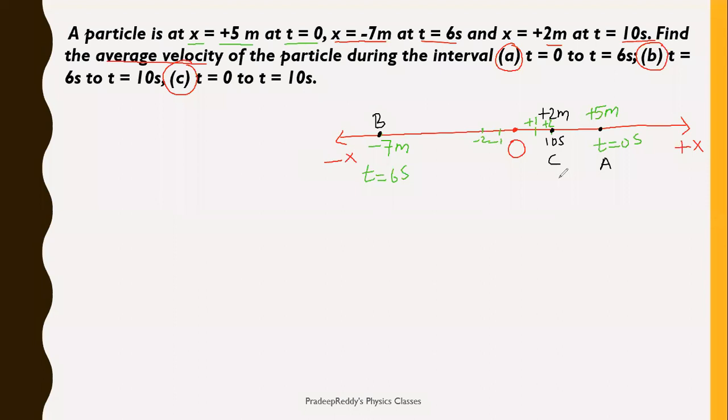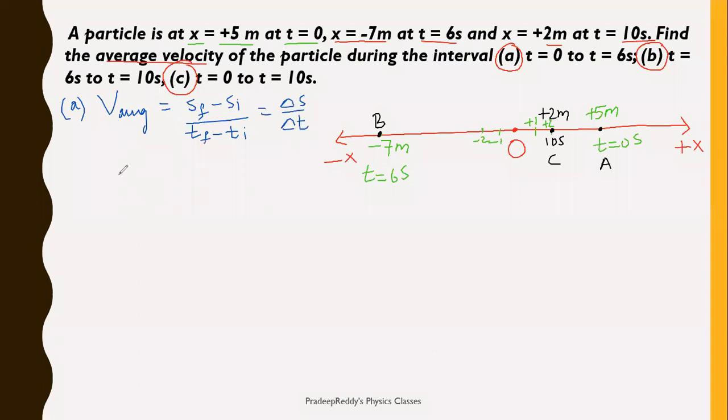Now coming to the questions, you are now supposed to calculate A, where from t is equal to 0 to t is equal to 6 second, you should find out V average. What is the formula for V average? V average will be equal to final displacement minus initial displacement divided by final time minus initial time, or you can write this as delta S divided by delta T, as we have discussed in previous lectures.